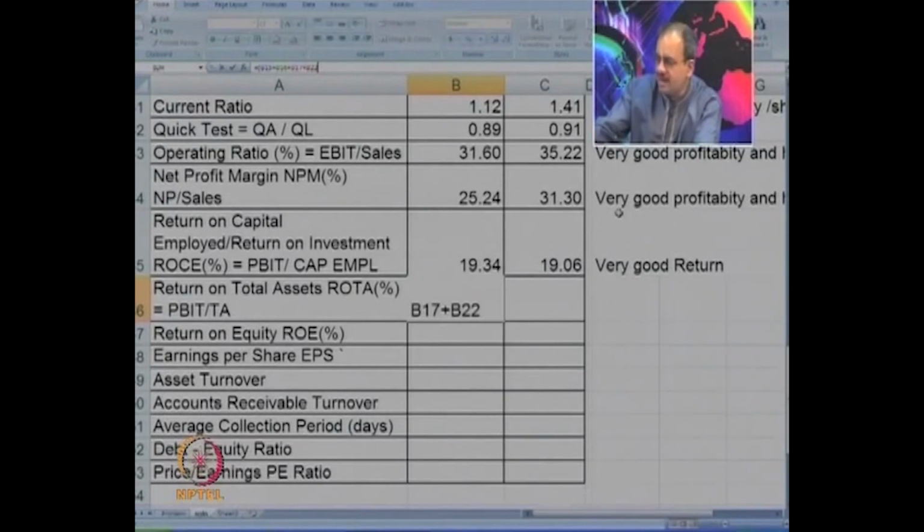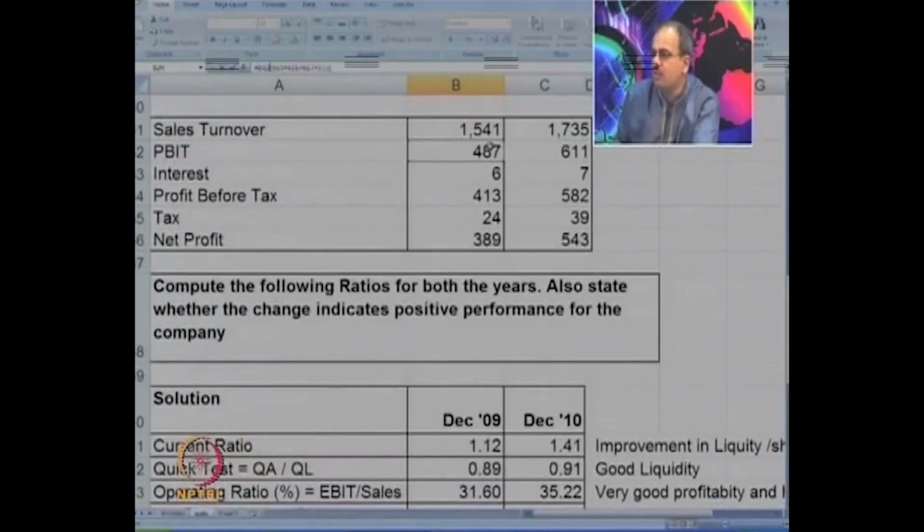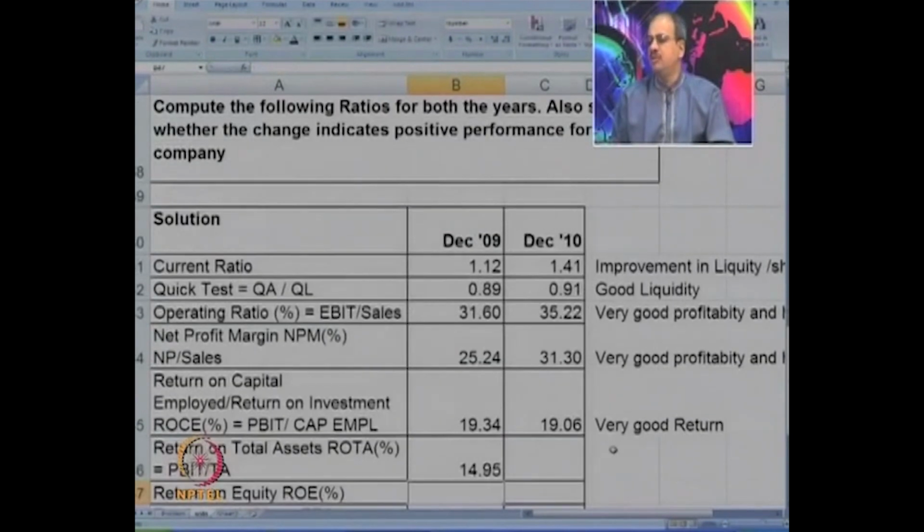This I will put in bracket, and in the numerator what we want is PBIT. So, now you can see it is PBIT divided by the total of all these assets, we multiply by 100 because we want it in percentage terms.